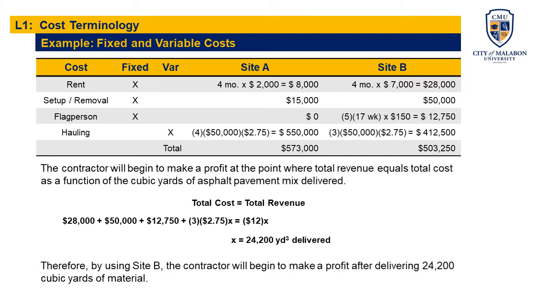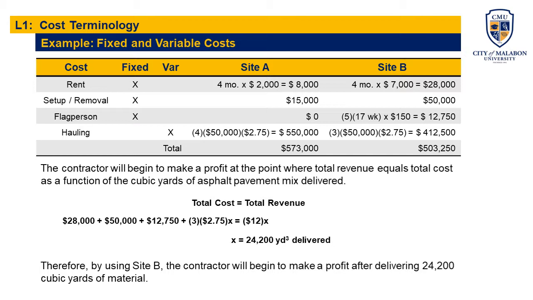So if the contractor uses site B, which has a lower total cost compared to site A, his cost is a function of the cubic yards of material delivered, right?